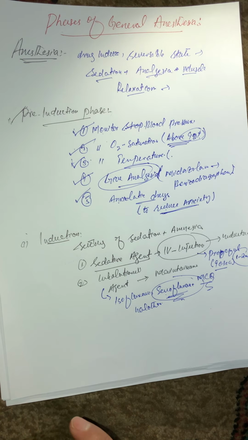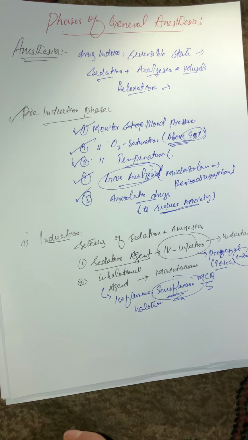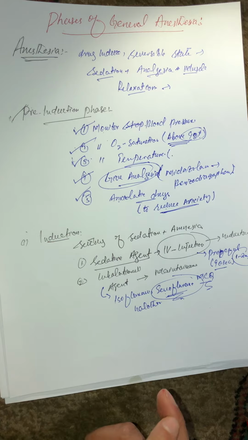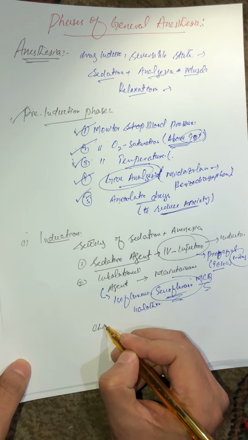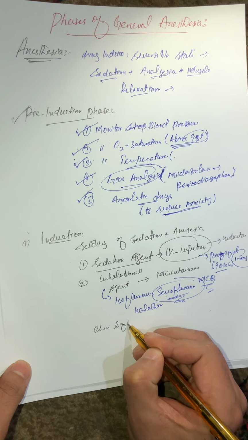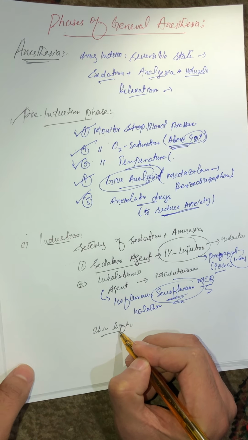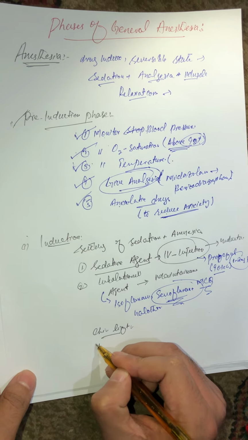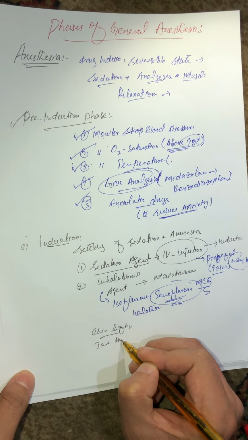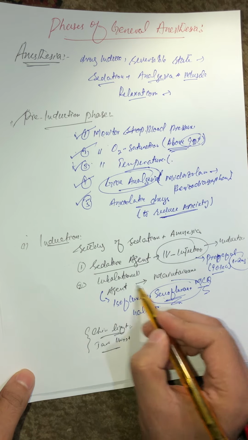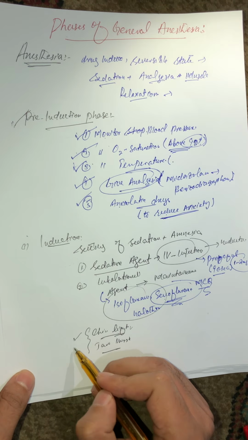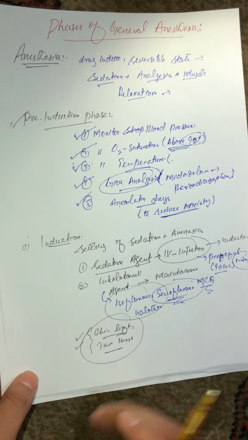We have studied the chin lift procedure and the jaw thrust procedure, which have some contraindications. The chin lift procedure is contraindicated in a patient with cervical spine injury, and the jaw thrust procedure is allowed in a patient with cervical spine injury. So after giving the sedation, you will manage the airway by the chin lift and jaw thrust procedure.